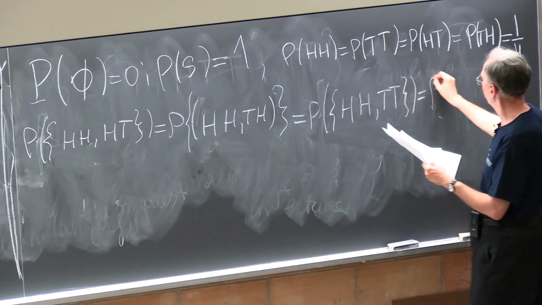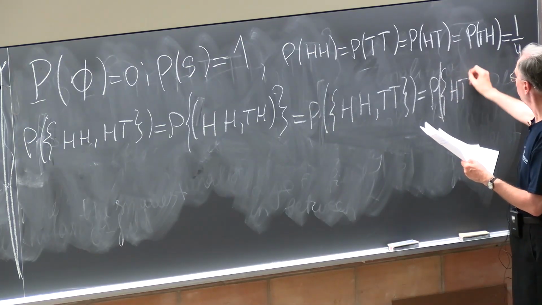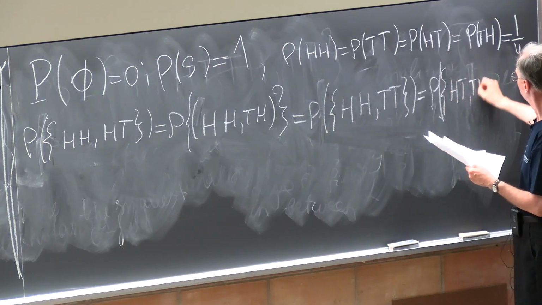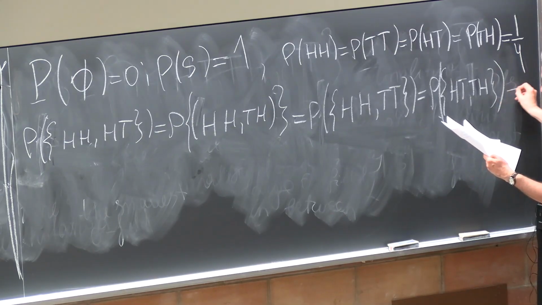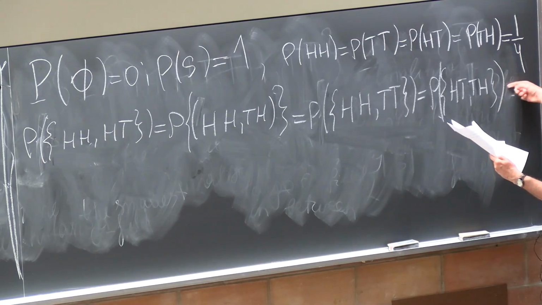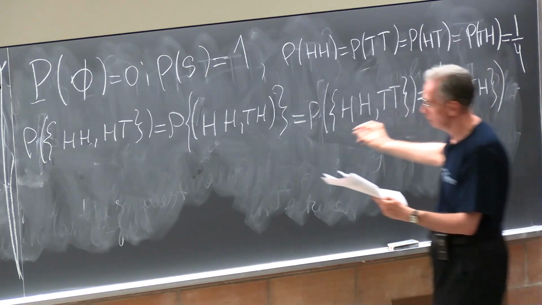The same as probability of HT, TH. And they're all, so we need to have 6 of them. So here I have 4.